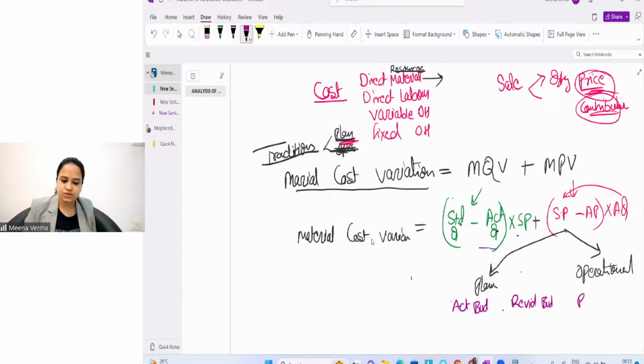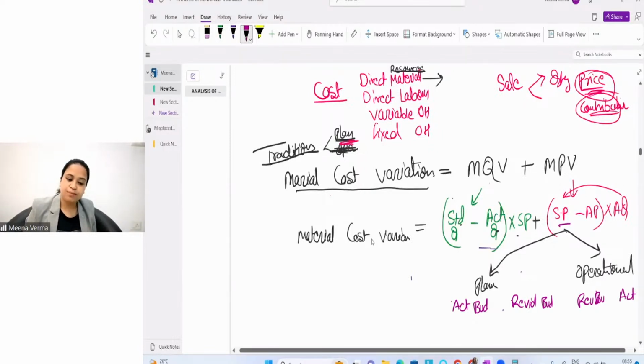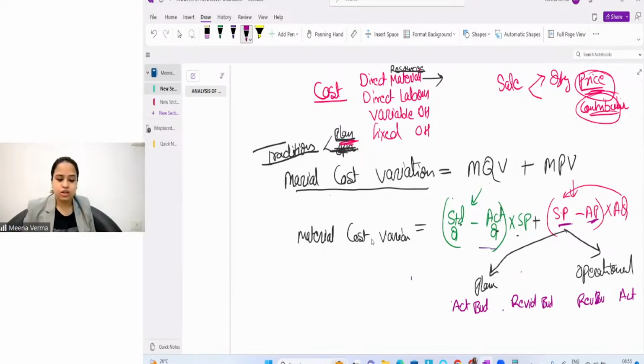And operational is revised budgeted minus actual. This is my operational variation. Here we are talking about the price which we are paying for procuring the raw material. So look, actual budgeted price of the raw material minus revised budgeted price of the raw material. This will give me what? Planning variation into actual quantity.